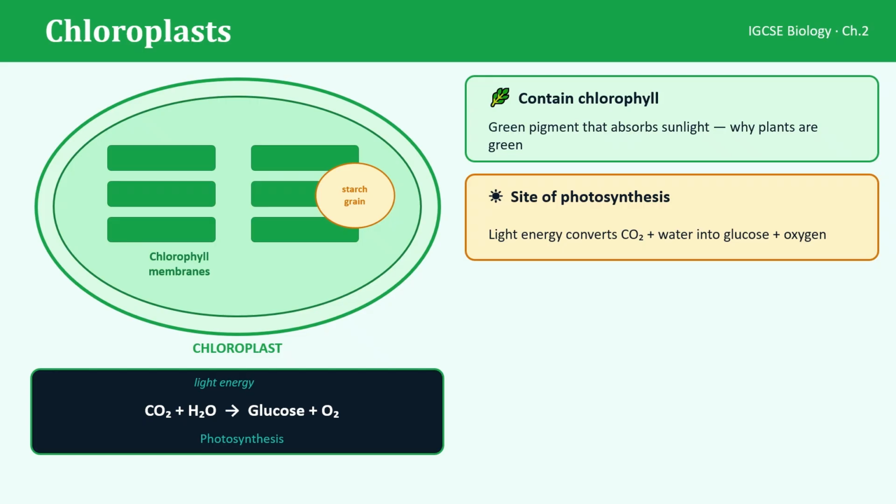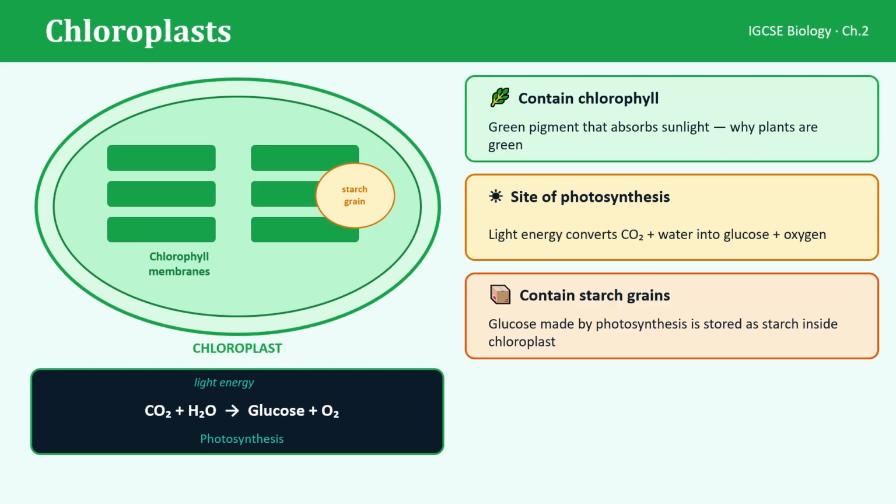Every breath of oxygen you take came from photosynthesis. Every piece of food you eat, the energy in it came originally from photosynthesis. You can also see the starch grain in the diagram.